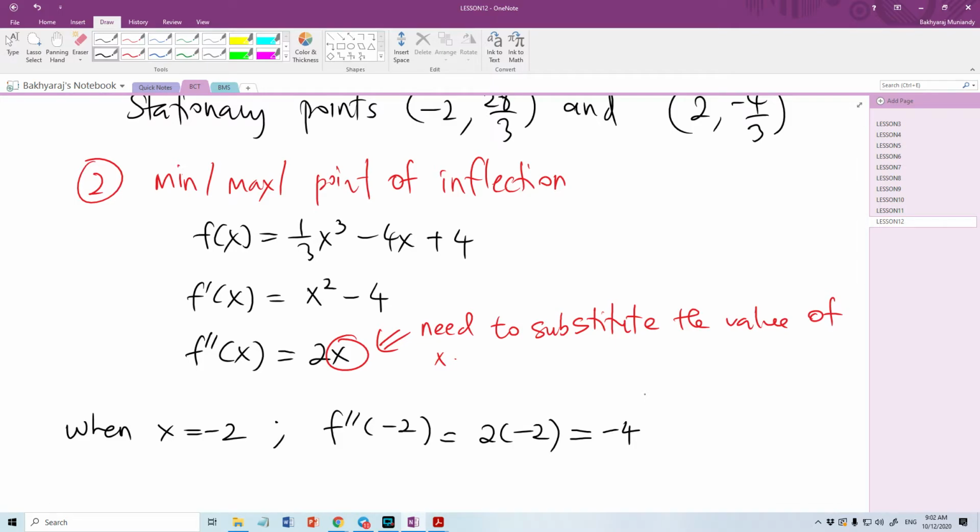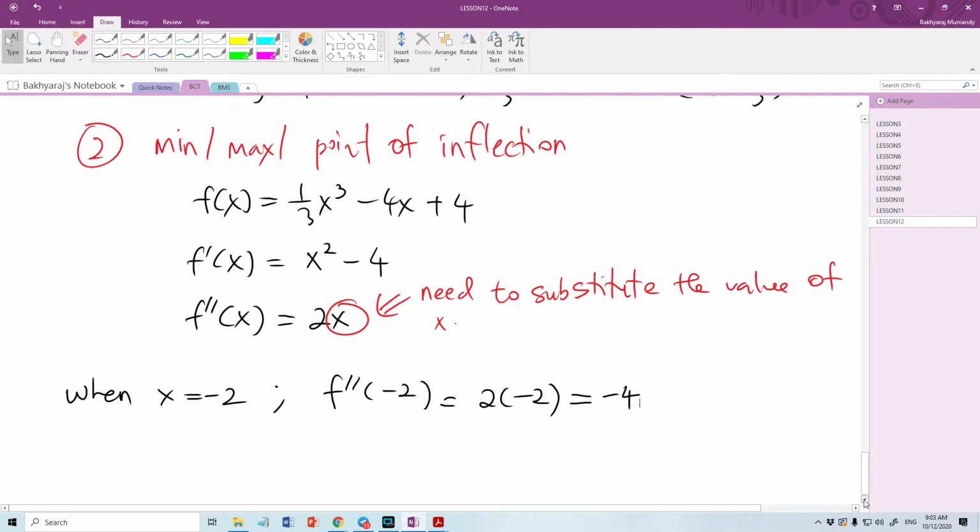Itu beza dia. Just now itu terus dapat nilai dia. But this time you don't get straight to the answer, you get a function, and you need to do substitution. Kena ganti nilai x yang sebelum ini. So when x equals to negative 2, f double prime of negative 2 is 2 times negative 2, which is equals to negative 4.